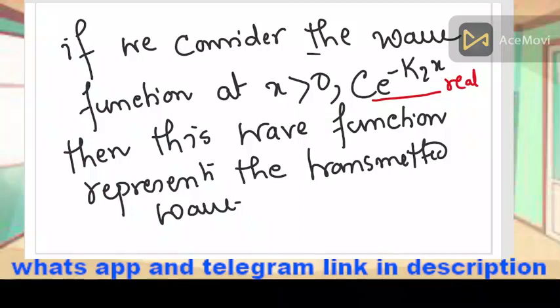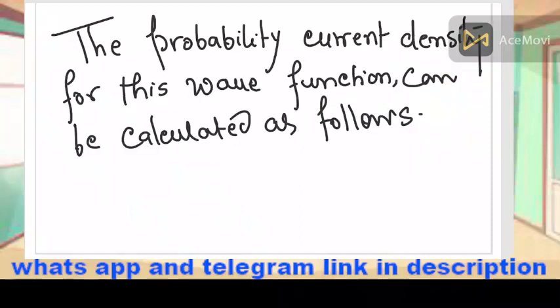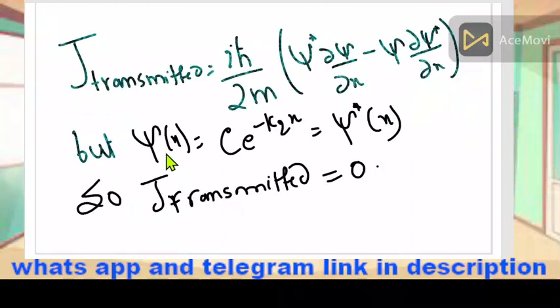Now the probability current density for this wave function can be calculated by the equation that I told above. You put the values of psi and psi star, they are the same, and you find that the probability current for the transmitted wave is 0.